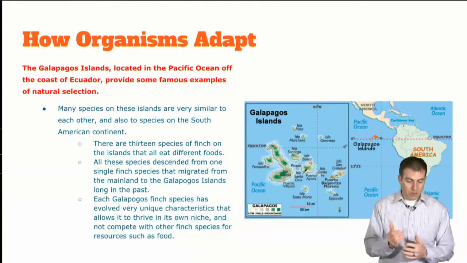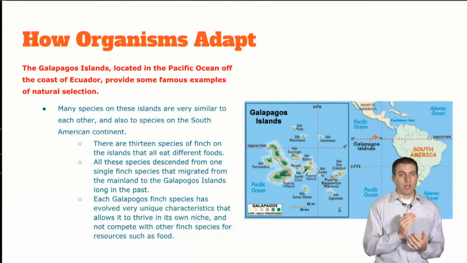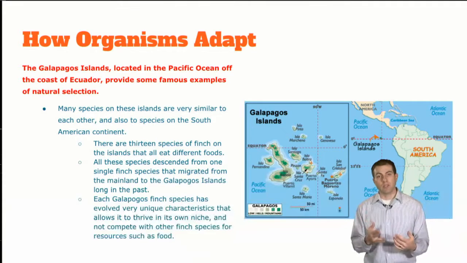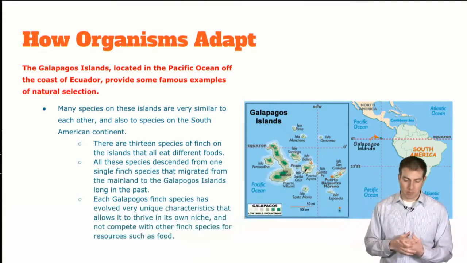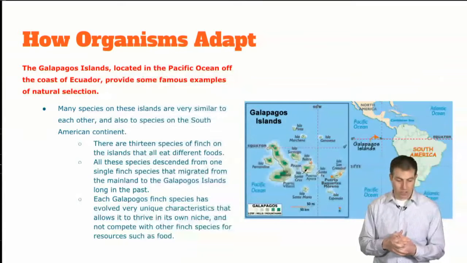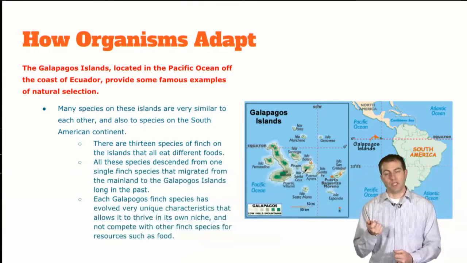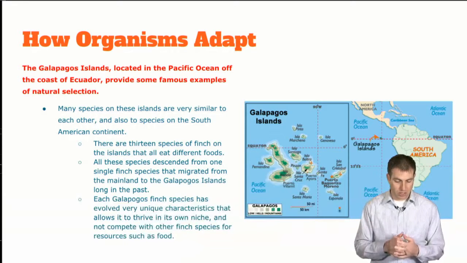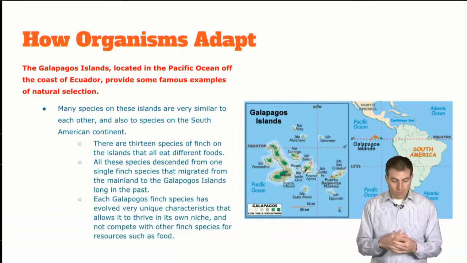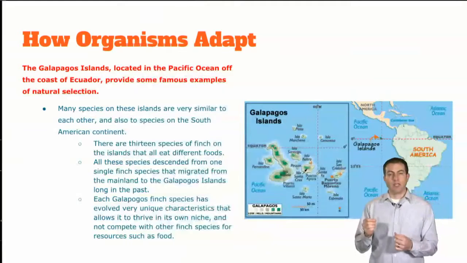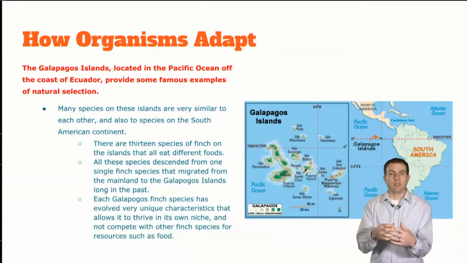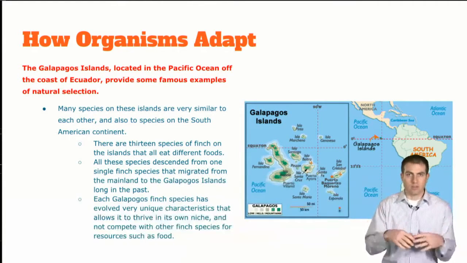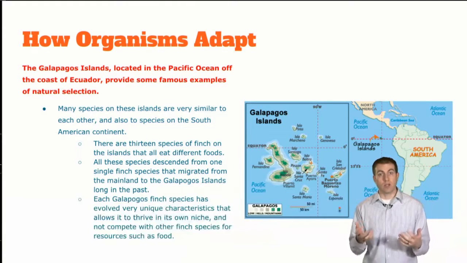So on the Galapagos Islands, off the coast of South America, one of the examples that Darwin used to come up with this theory of natural selection is these birds called finches. We have finches around here, but they have a special type of finches on the Galapagos Islands. Basically, the idea was that when the finches first moved to the islands, they flew there, landed on the islands, thought, hey, this is a nice place to call home, and started to live there.